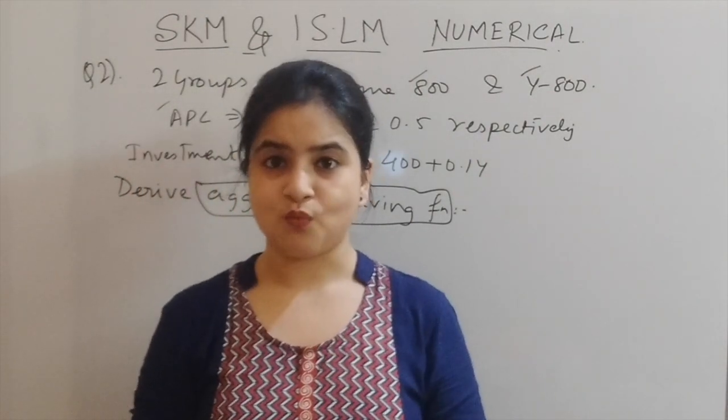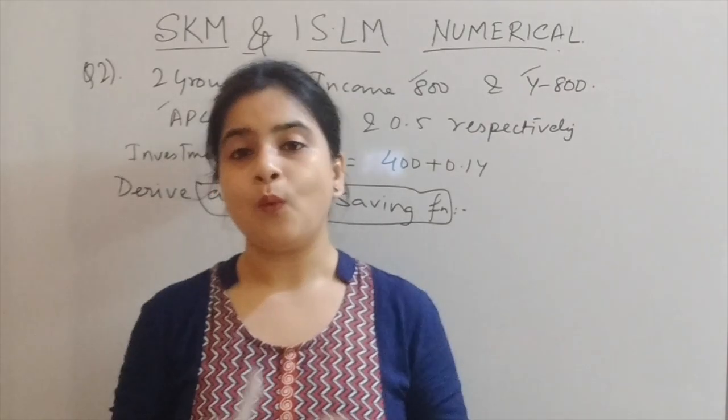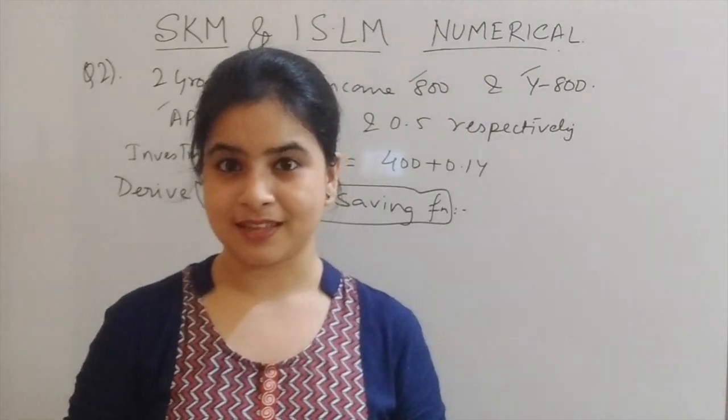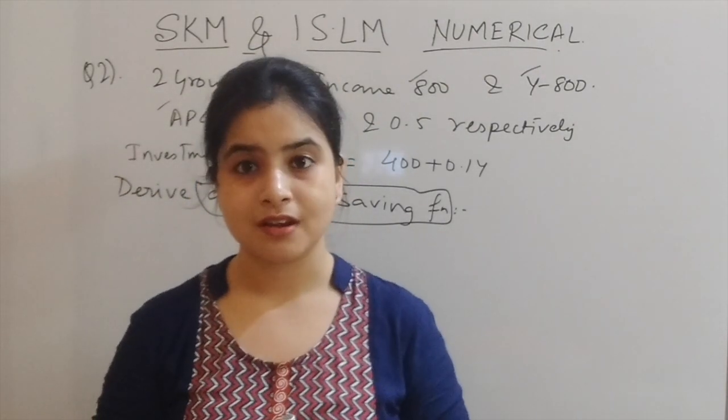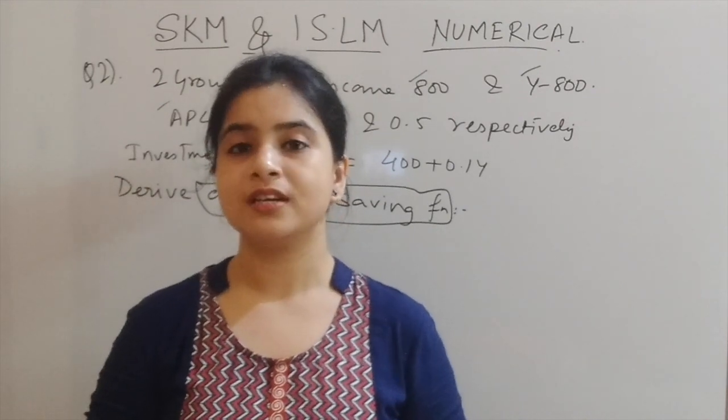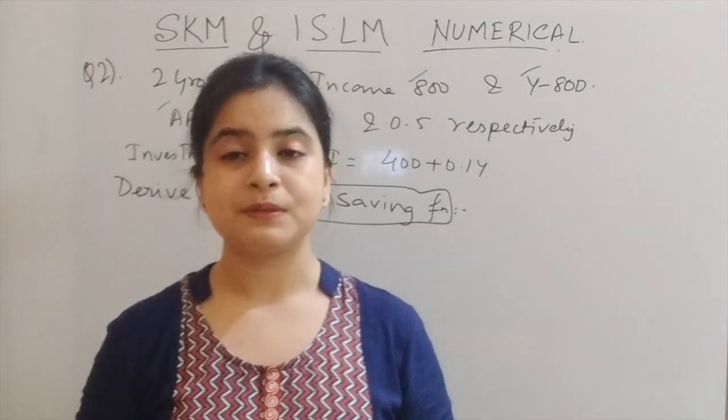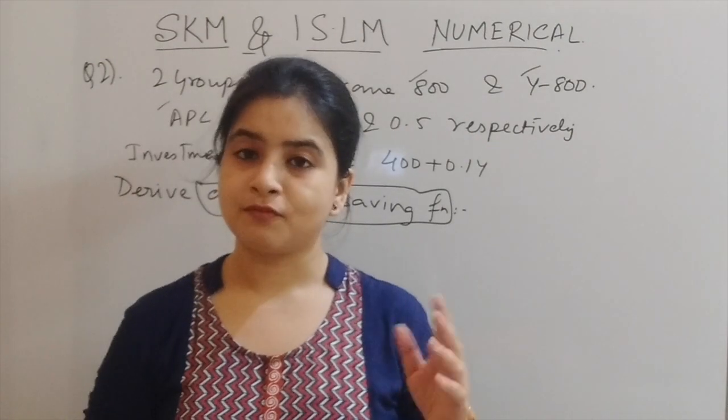Okay, so aggregate saving function, why have they used the word aggregate? This point you need to think and ponder on, why the word aggregate has been used in the following question.